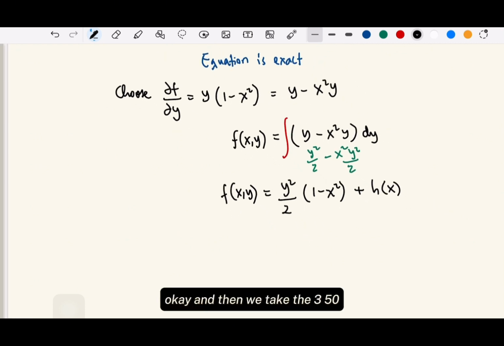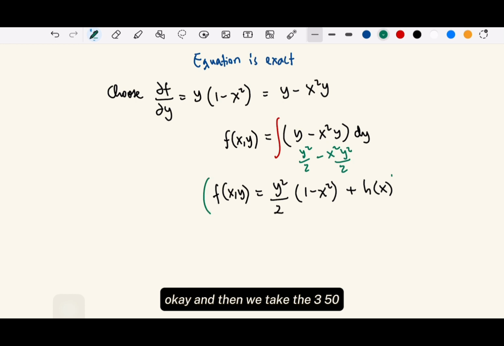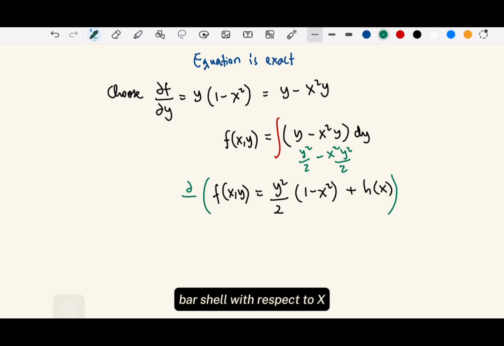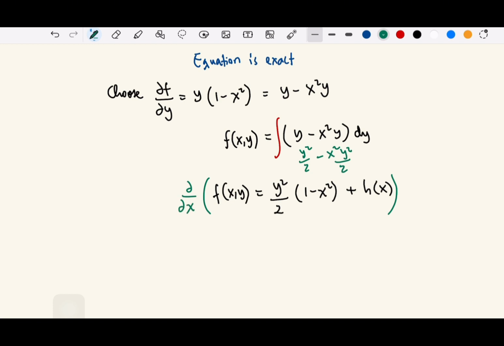Okay, and then we take the partial derivative with respect to x.